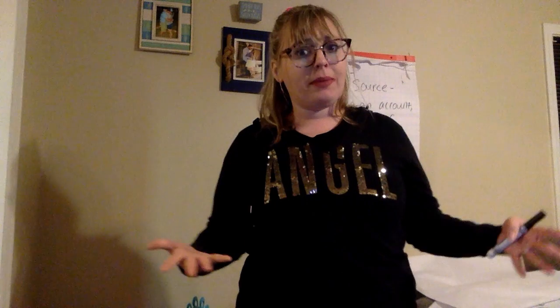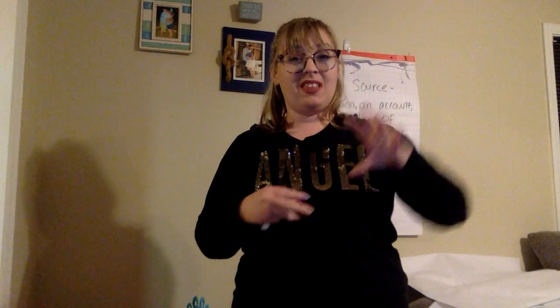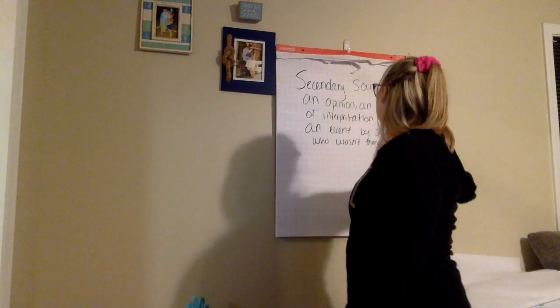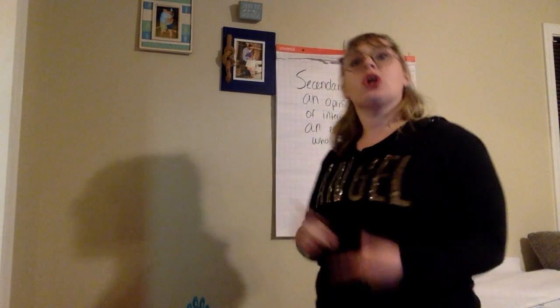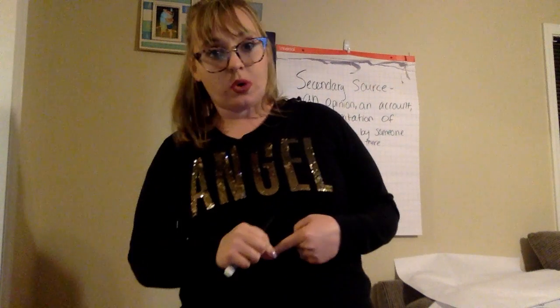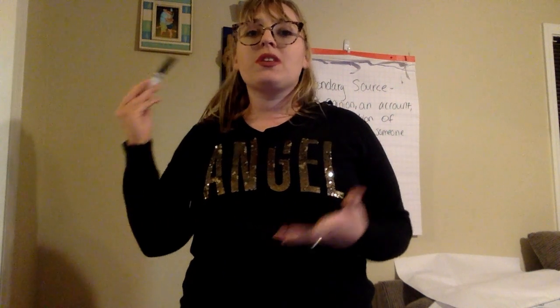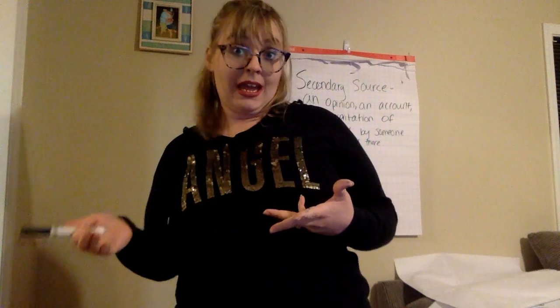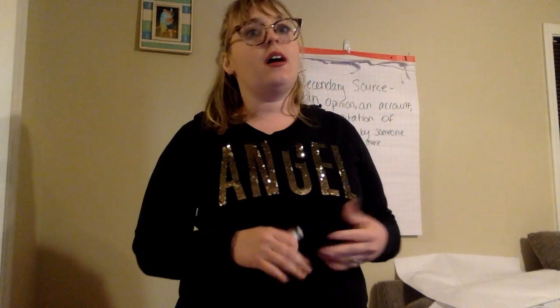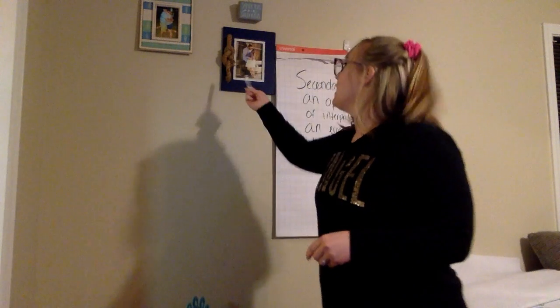If you take that sword and you make a copy of it, an example of it that you're going to hang up, then that would be a secondary source because it would be referencing or interpreting that original sword, okay?